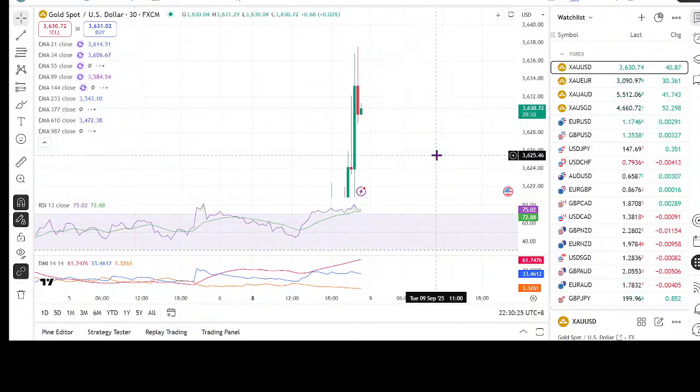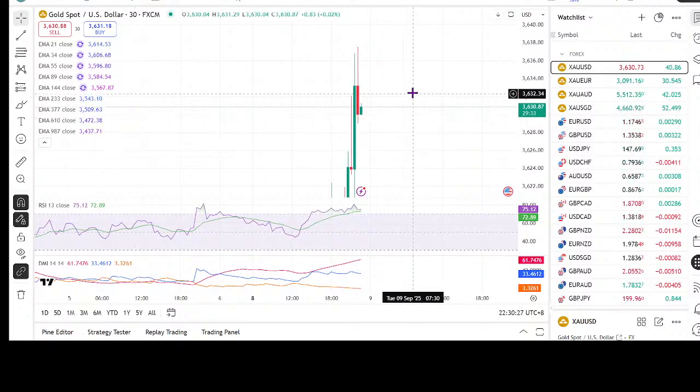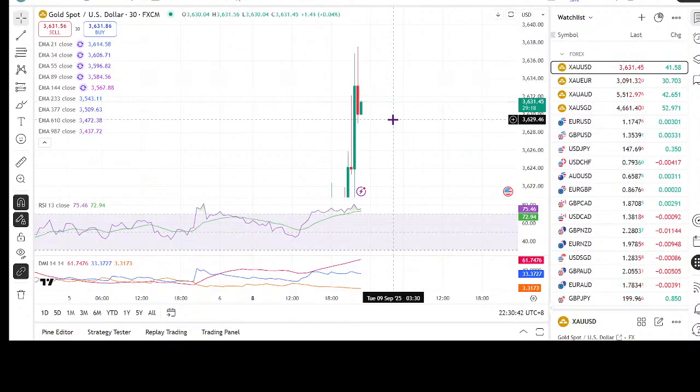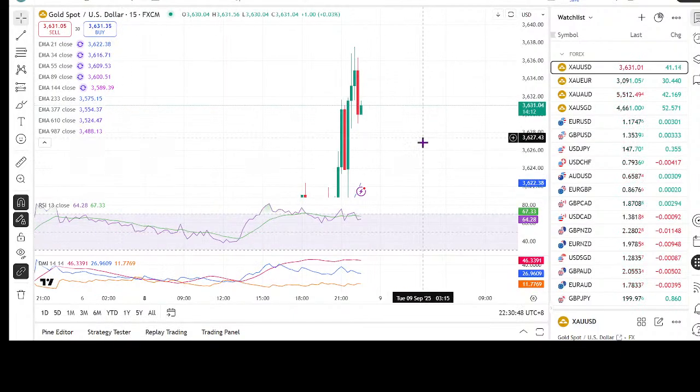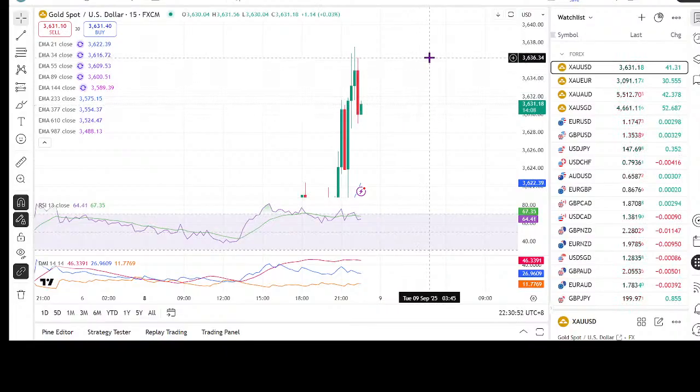And when we look at the 30-minute, we are seeing some strength. So there is strength on the 30-minute, but your 15-minute should not see the price going above 36.